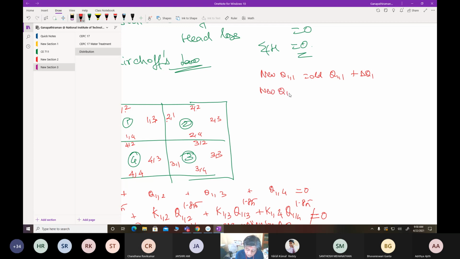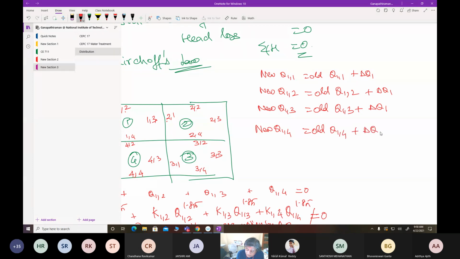New Q12 equals old Q12 plus delta Q1. New Q13 equals old Q13 plus delta Q1. New Q14 equals old Q14 plus delta Q1. What is the problem with the 1-3 pipe?